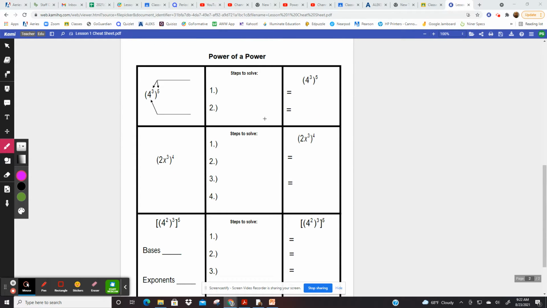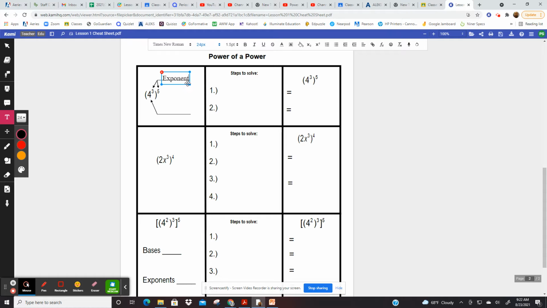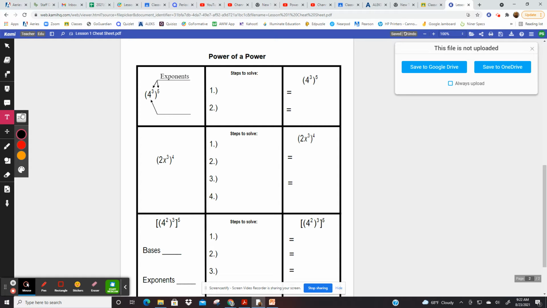Okay, so again, let's label the parts. So remember the small numbers, those are the exponents. And then that 4, who knows what that is?